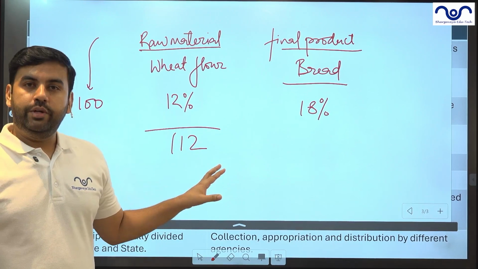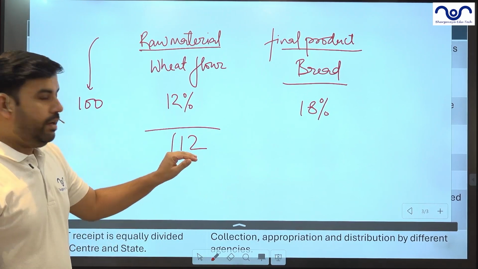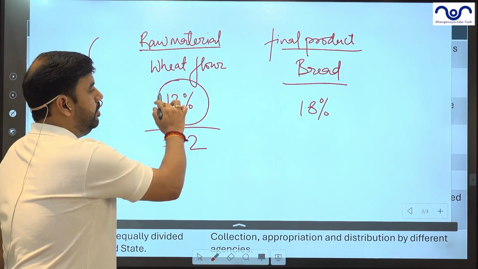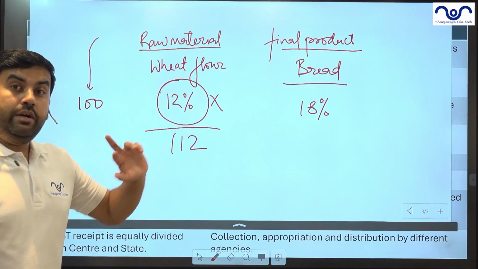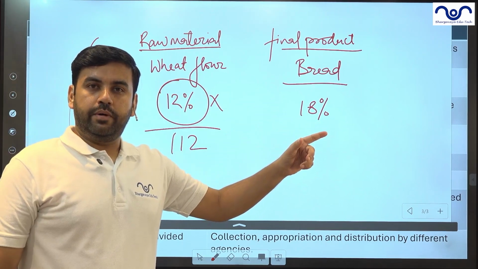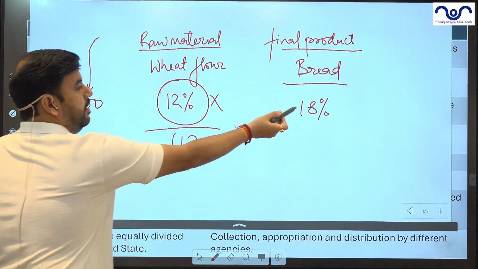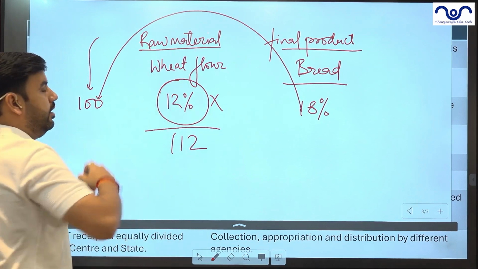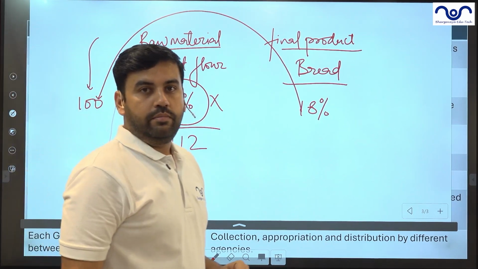But what will the government do now? The government will say that this 12% will be cancelled out. Government will pay this back to the shopkeeper. And 18% will be imposed on the actual price.